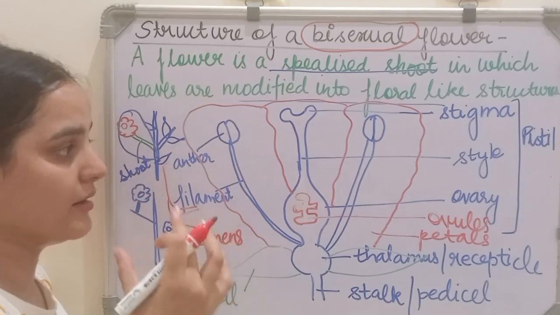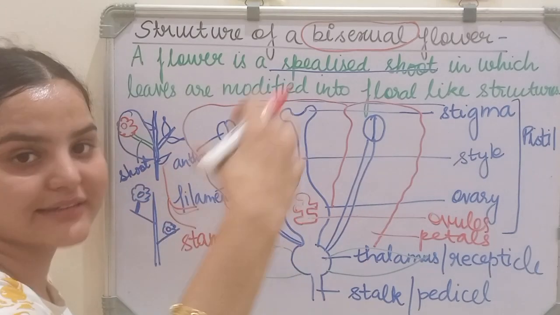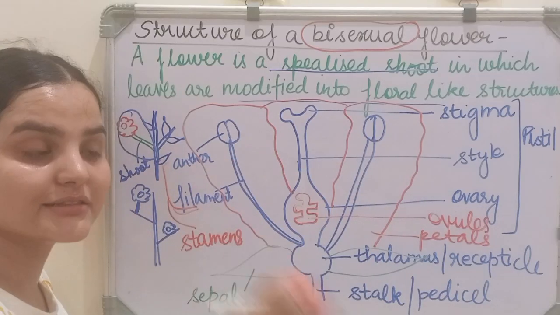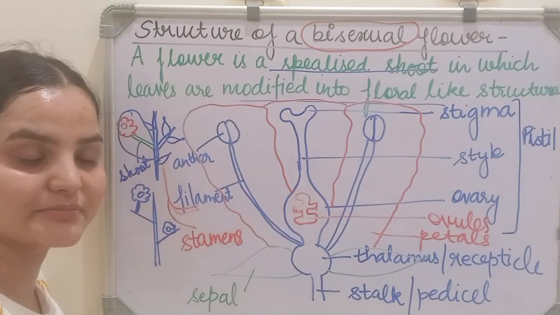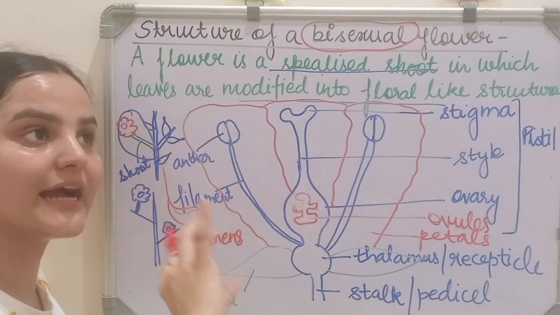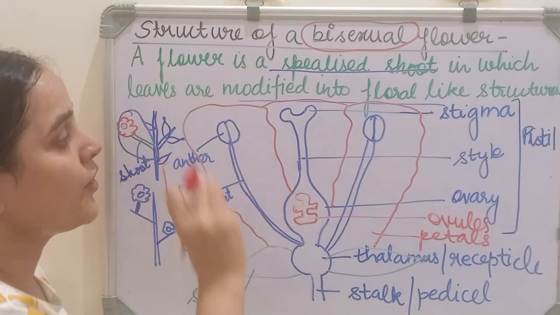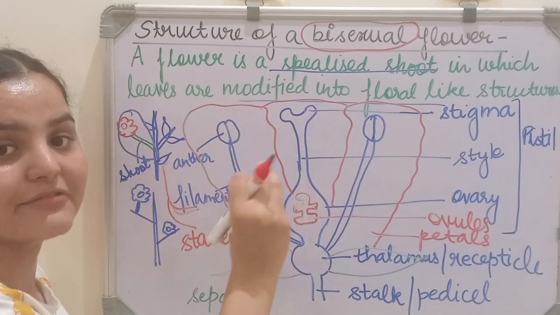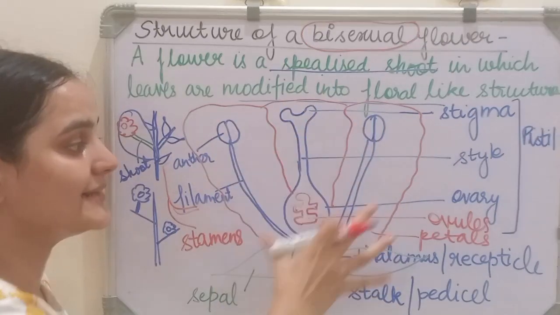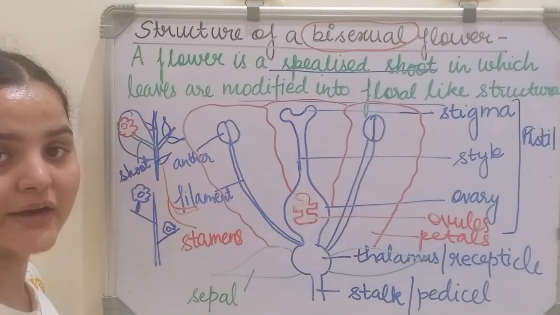In humans, females are different and males are different, so they are unisexual. We also have flowers in which only the female part is present, and in another flower only the male part is present, so they are known as unisexual flowers. But in this case, both male and female parts are present in the same flower. That's why they are known as bisexual flowers.